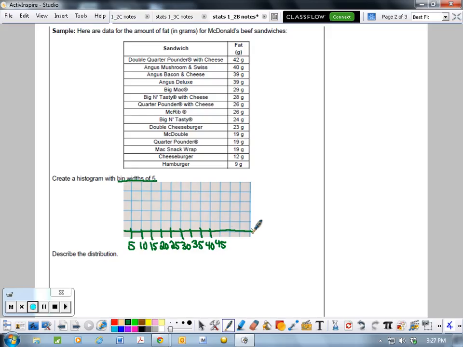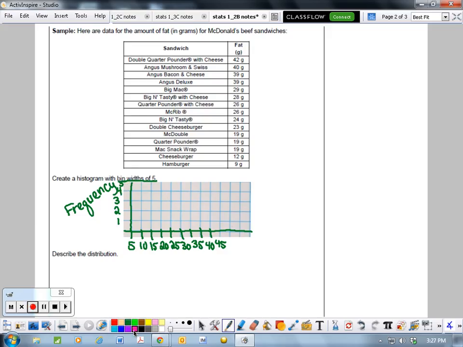And then I also have measures over here that tell me how many numbers. That's known as my frequency: how many values are in each bin. So this means there's one number in each bin, 2, 3, 4, and 5.